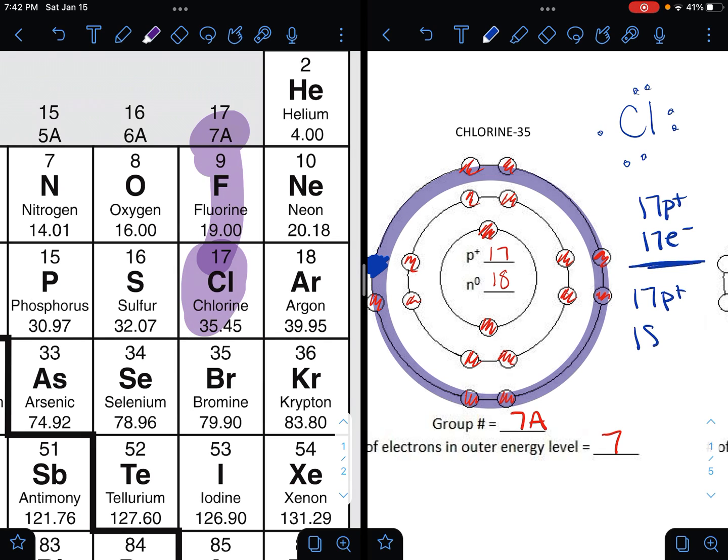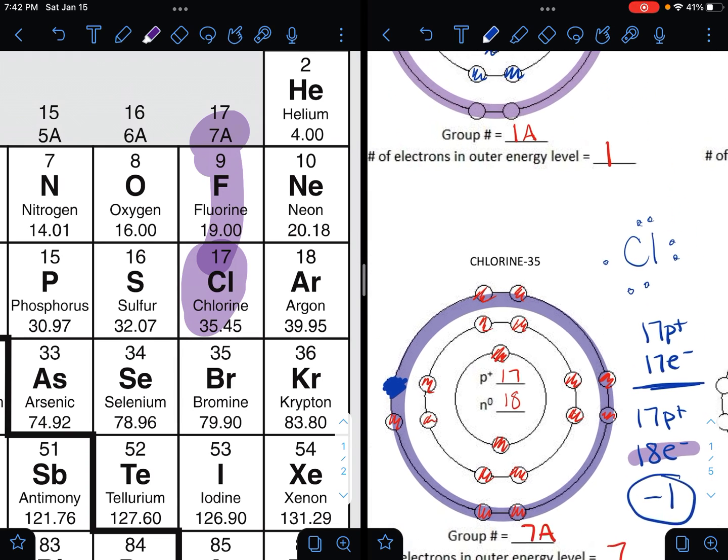But the number of electrons, since we gained one, is now 18. But there's only 17 protons. So we can see now that we have more negative charge than we do positive charge. We have an extra electron compared to proton. And so the charge of this atom, instead of being neutral, is now -1. And we'll do some more examples so that makes a little bit more sense.